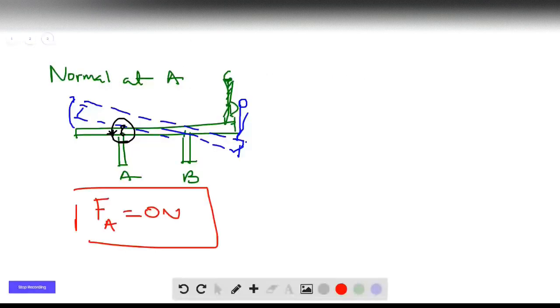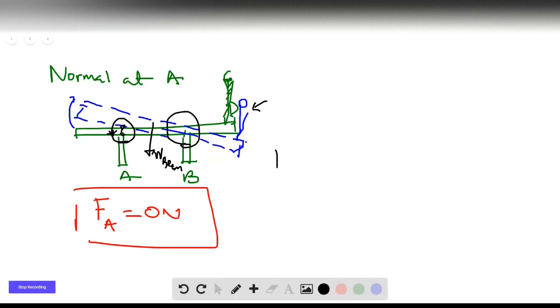And so this point B now supports the weight of the person and the weight of the beam. So B supports those two weights.